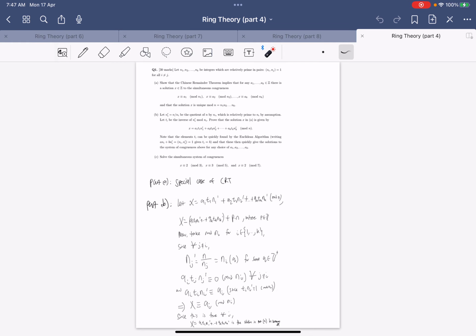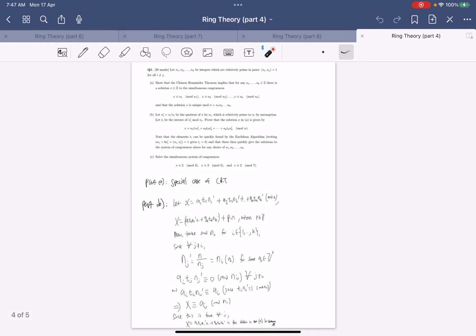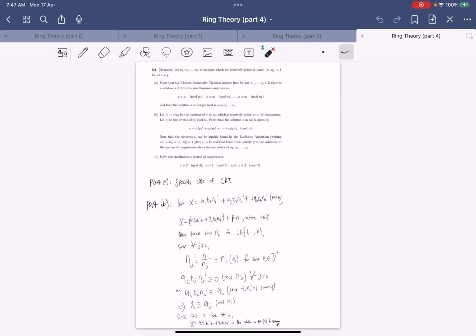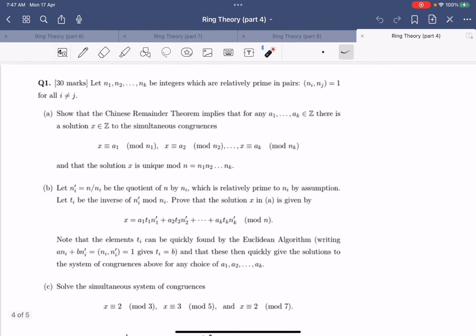So what we really want to note is that we want to use the Chinese remainder theorem to solve systems of congruence equations.